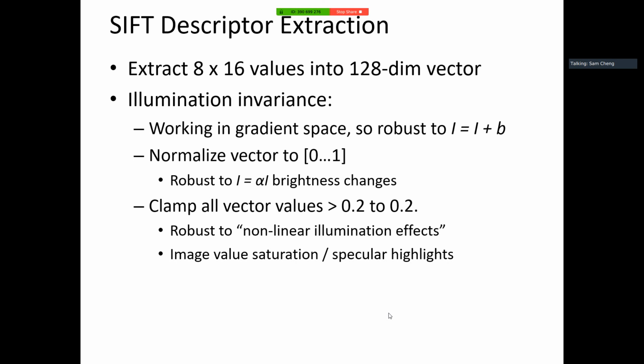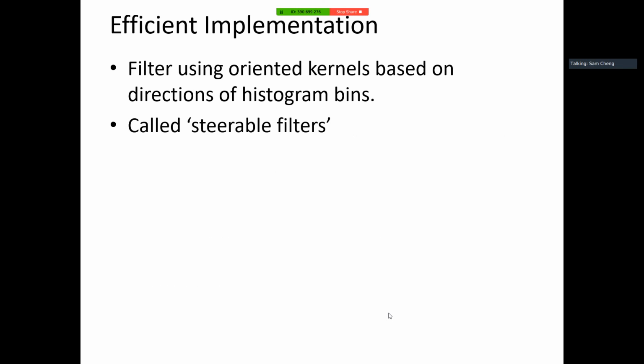What we can do is just clamp off those values when they're larger than a certain value, for example larger than 0.2, we just set it to 0.2, to avoid this illumination saturation. And then we normalize.